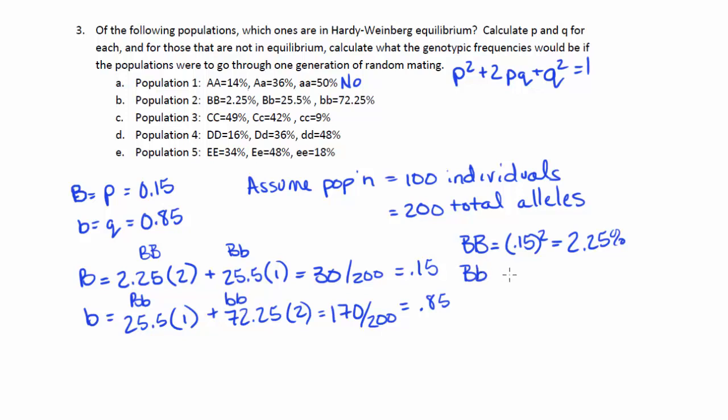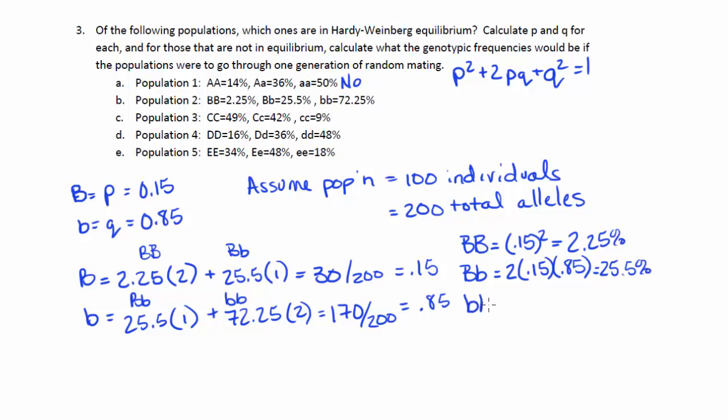If we look at the heterozygous ones, remember that they are equal to 2 times P, which is 0.15, times Q, which is 0.85. So if we solve that, we get 25.5%. So again, that looks good. It's matching our population up here.